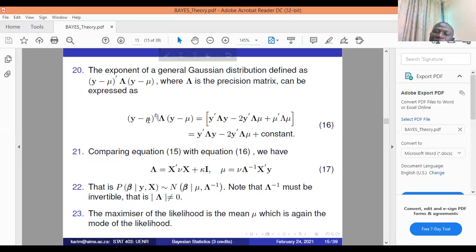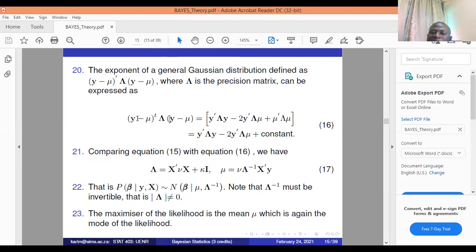So we have y minus the mean transpose, and then the precision matrix, or the variance covariance matrix, and then y minus the mean. So if we expand this, we have y transpose times the precision matrix times y.